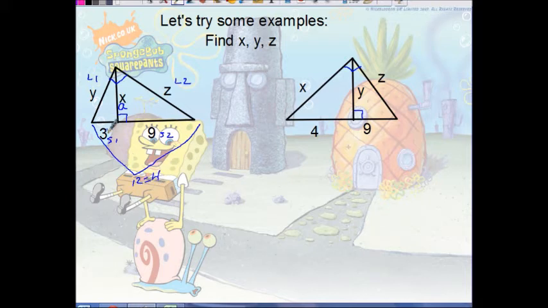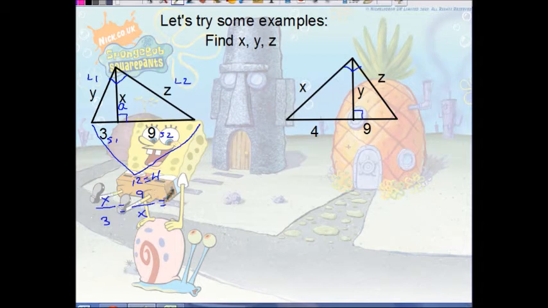So let's start off finding the altitude. That was the B segment. We have the mean proportional with those altitudes, so we'll do X and X, matches with the two segments of the hypotenuse, the 3 and the 9. And let's cross multiply. We want to leave our answer exact, which means a simplified square root.